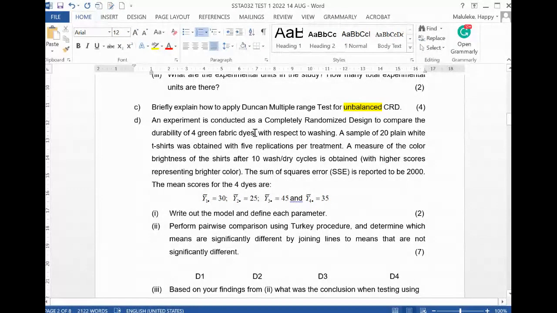You have to indicate what your treatment is from this given problem. So it is the effect of the ith fabric dye, isn't it? You must check what your treatment is from the given statement. But even if you wrote treatment, you didn't indicate what the treatment is based on the given problem. I was giving you the mark that you deserve. I was giving you the full mark.